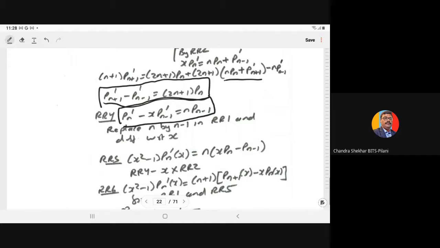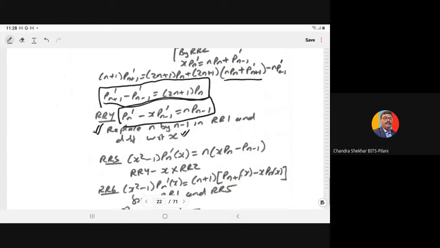So here, in the recurrence relation 1, replace n by n minus 1 and differentiate with respect to x, and you will get this expression.